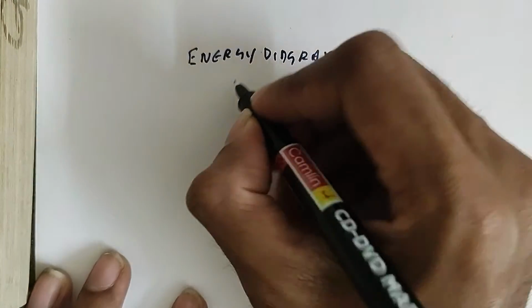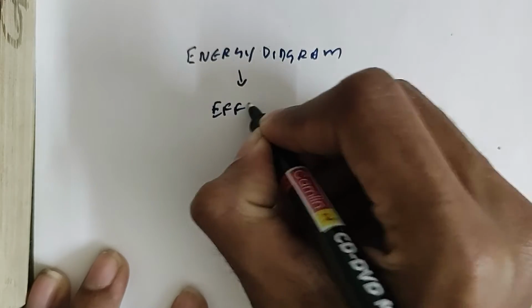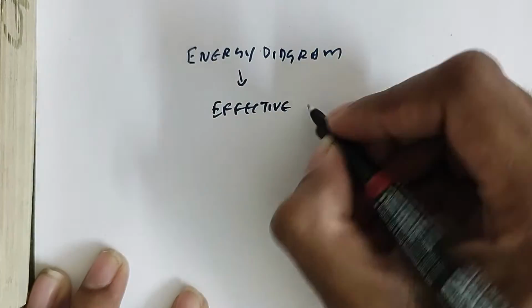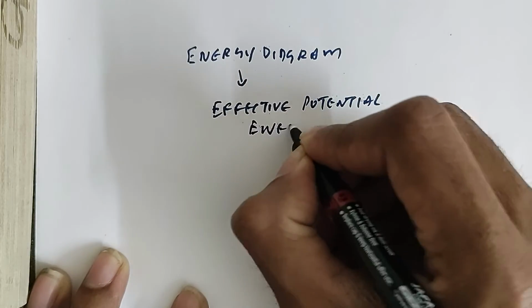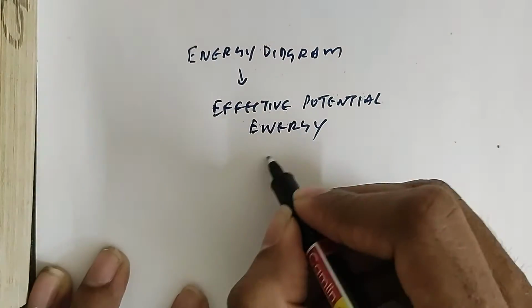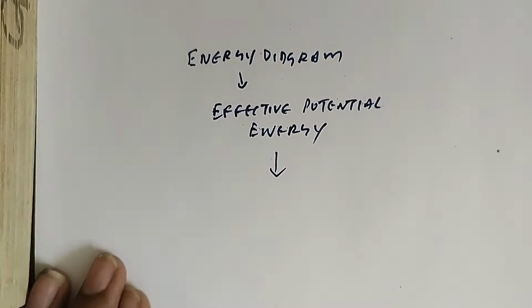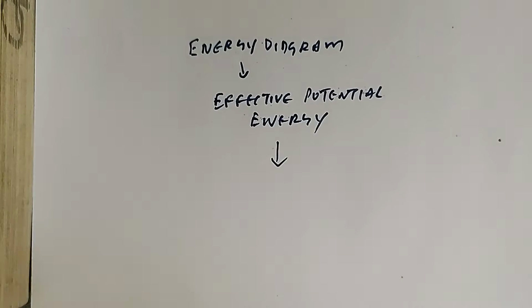The effective potential term: we are going to define a quantity called effective potential energy, and then we are going to see the orbit descriptions in detail.